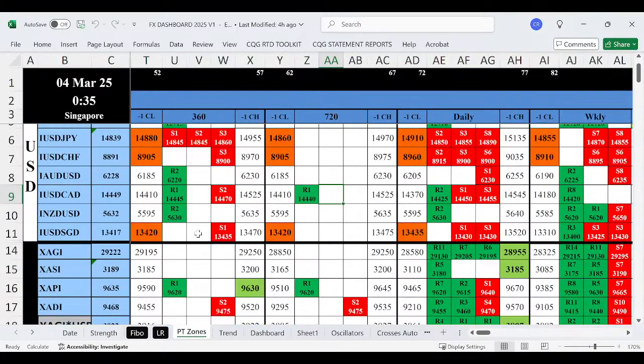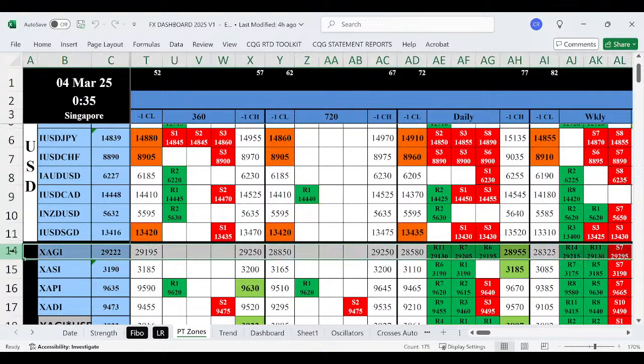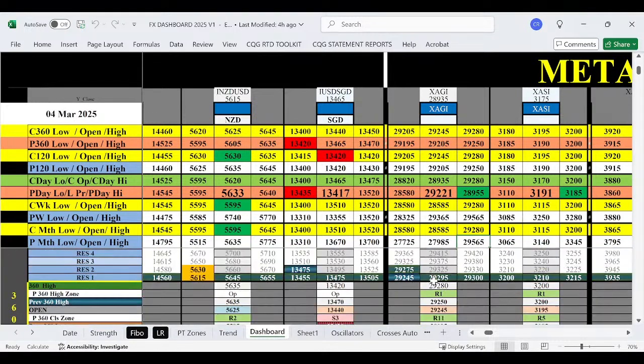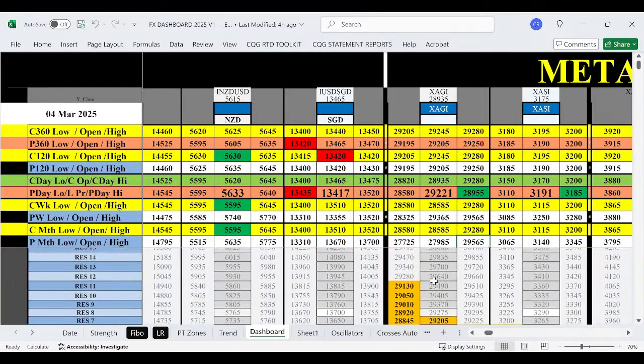Then as far as these PT zones are concerned, we are seeing a very strong support on the daily, which is RR2 and RR1, or immediate. Of course, we need to see the price breaking RR5 for weakness to be seen, or breaking the hourly SR1. So with that taken into consideration, let's get the figures.